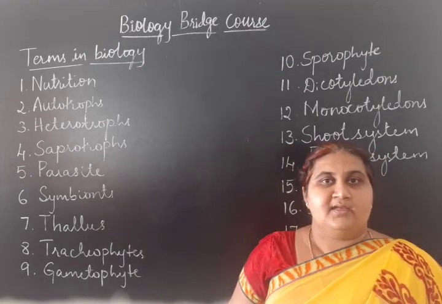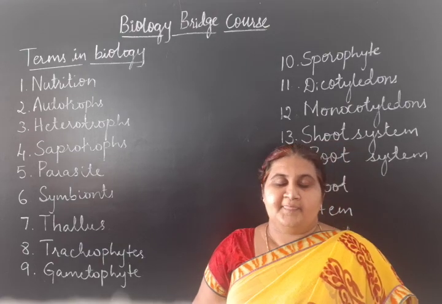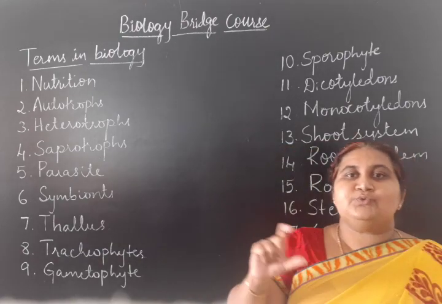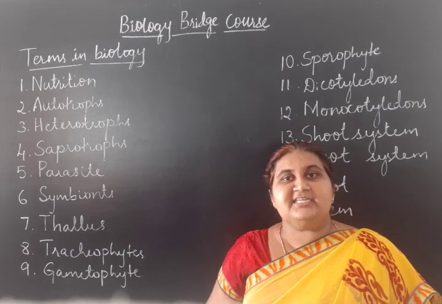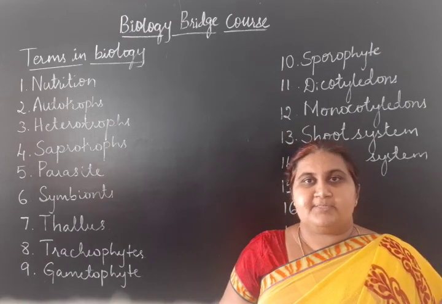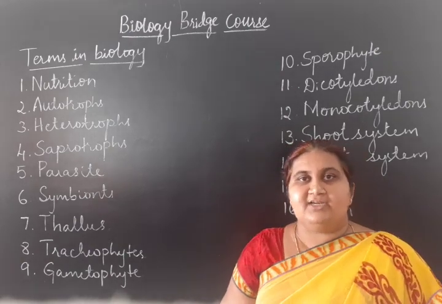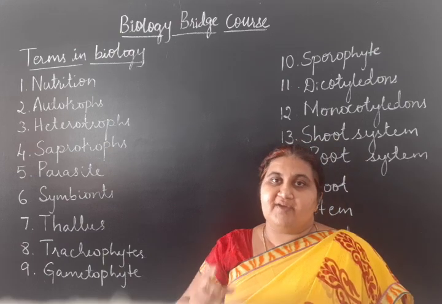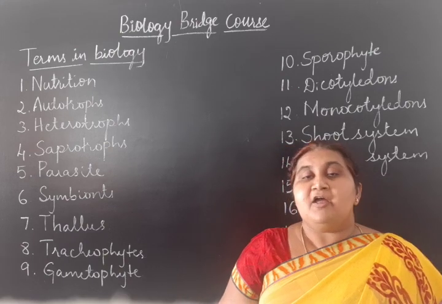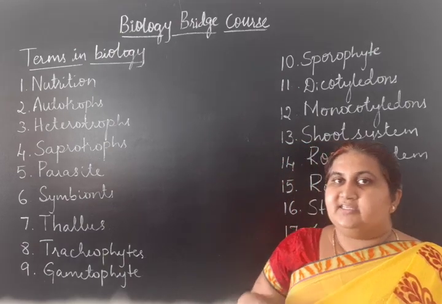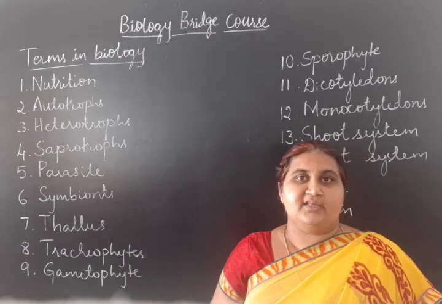Symbionts. In nature, we can find two individuals that are interdependent. Two different species are interdependent on each other, where both are being benefited either for their shelter or for their food.